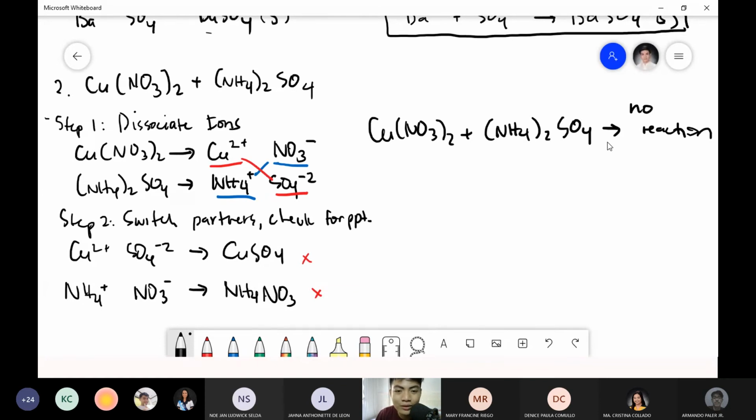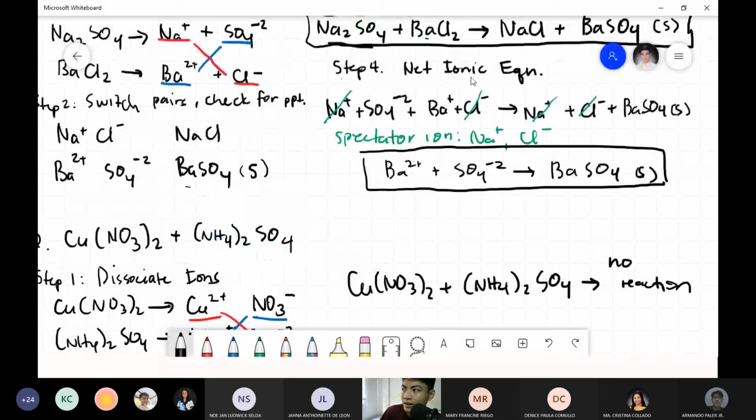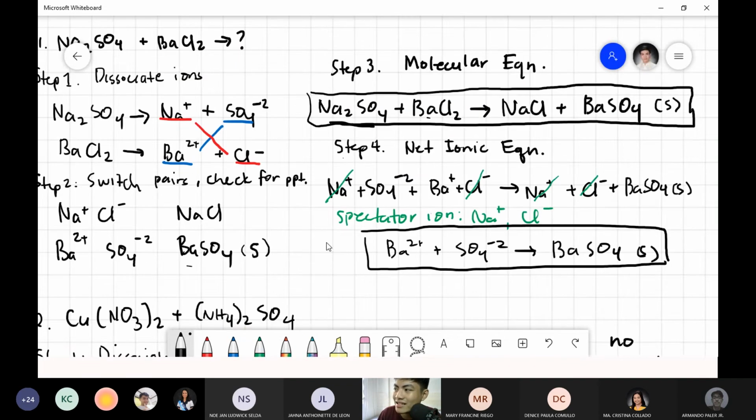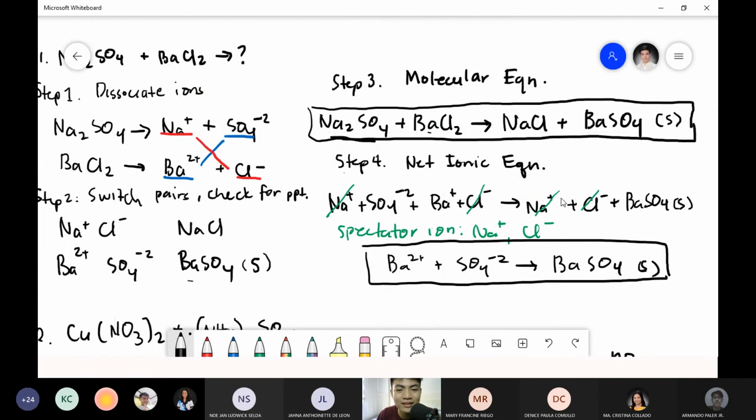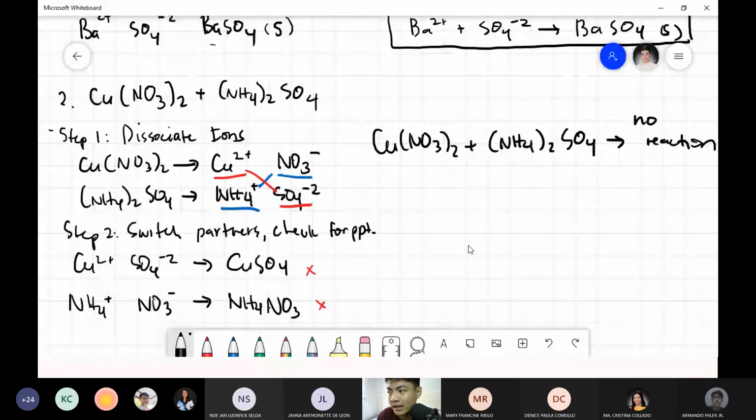Okay? Kasi remember, kung lahat yan aqueous, what do you think will happen to the net ionic equation? What do you think will happen? Lahat sila magka-cancel out. Kasi lahat sila aqueous. Therefore, there's no reaction that took place talaga. Okay? So, wala talagang reaction na nangyari. Okay?